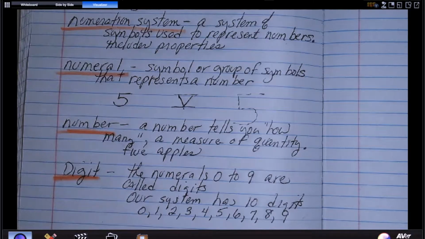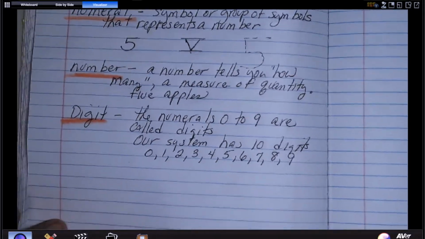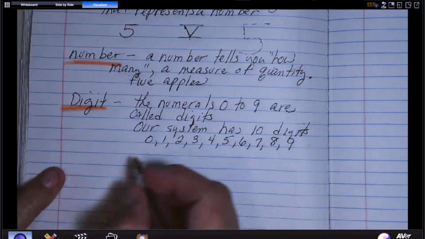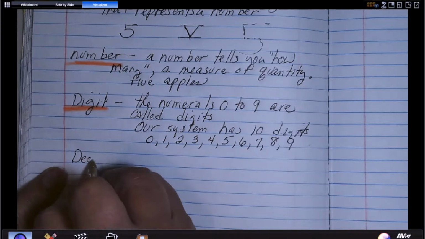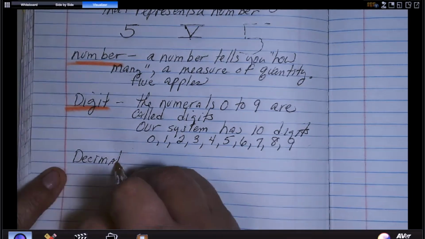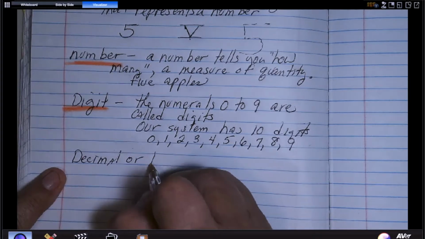Okay. Now, the Hindu Arabic numeration system is also called the decimal or the base 10 system. So let's write that down. What do they mean when they say decimal or base 10 system?